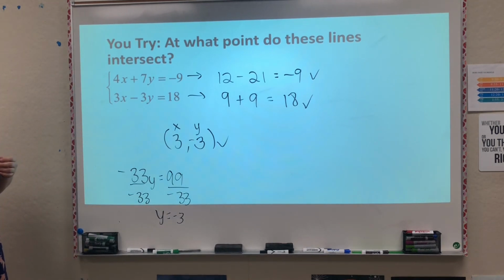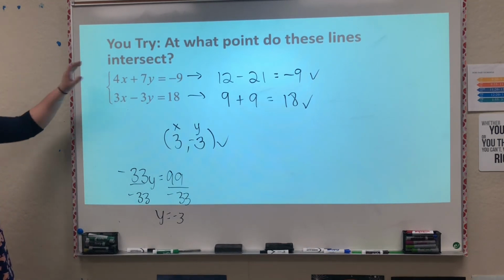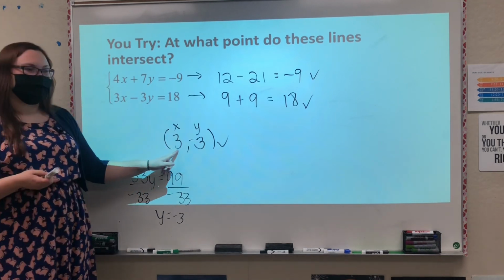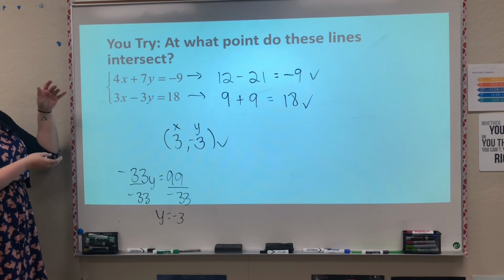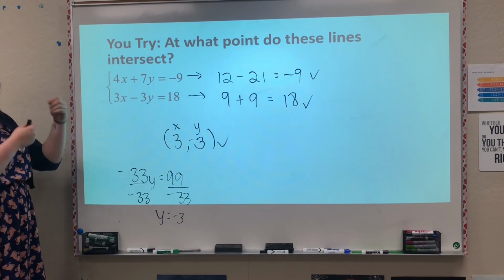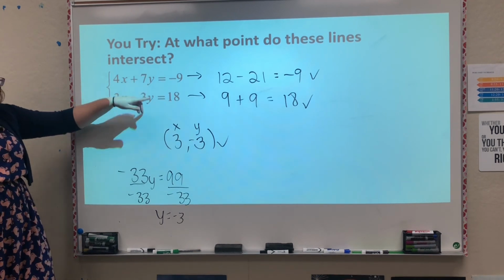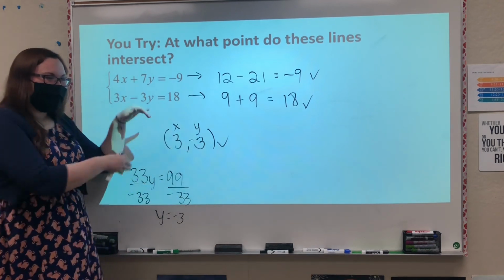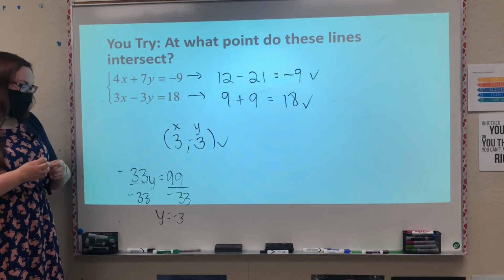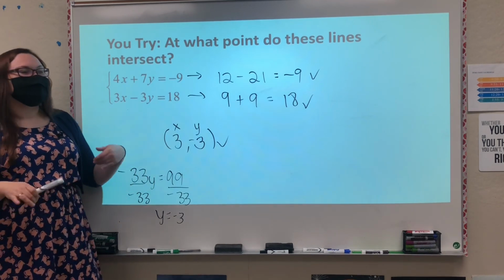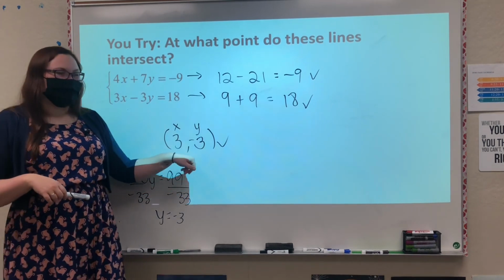I do want to ask, do you think when we solve systems, it's always going to be nice numbers like this? No, of course not. I'm specifically choosing systems right now that have these nice, beautiful whole numbers or integers. But there's no reason why I couldn't give you a system where you get like 3.5 or -3.7.